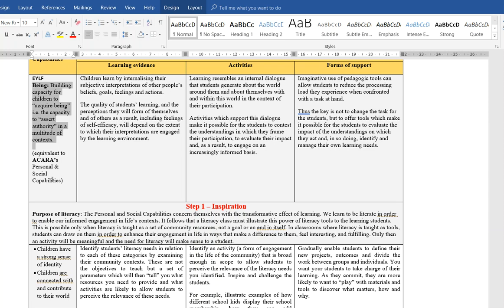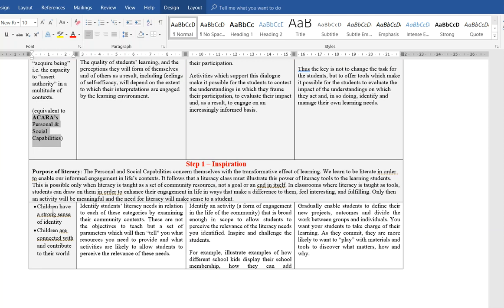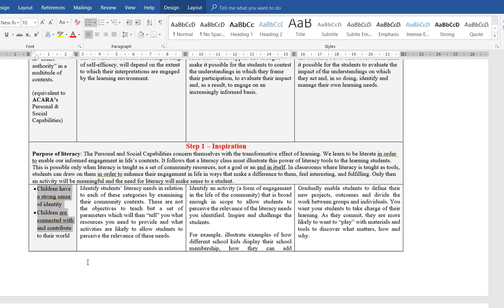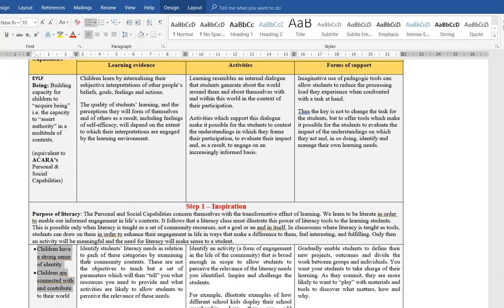But the objectives are pretty much the same when it comes to the capabilities, and when you actually go about implementing the objectives, like children have a strong sense of identity and children are connected, you still need to pay attention to things like the kind of literature that you will be using, the linguistic forms that you will be drawing students' attention to, and also the kinds of literacy skills that you actually want to teach, because otherwise you're not teaching literacy, you're doing something else, right?